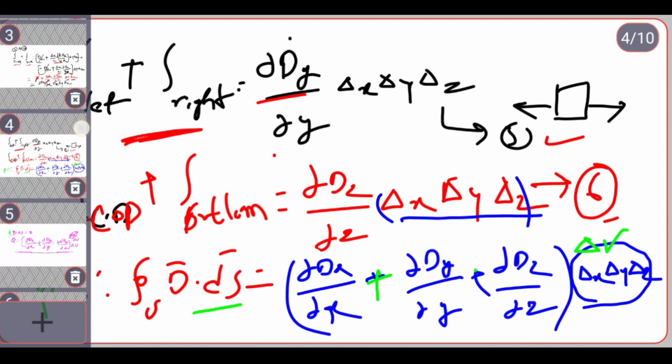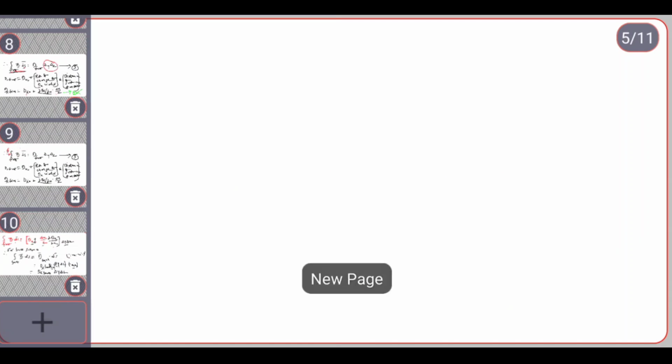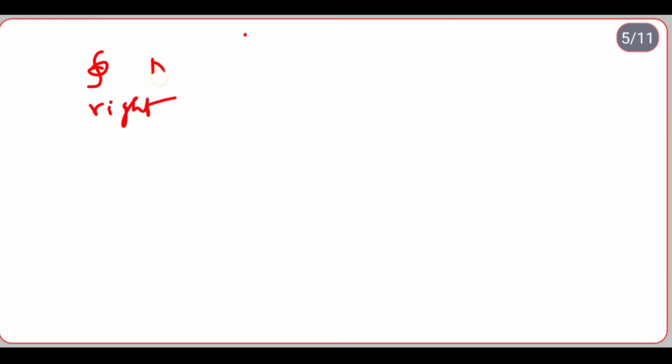Again, see this. Coming to the right side, D dot dS, in the right side, that is in the y-axis direction, that is the delta y direction.